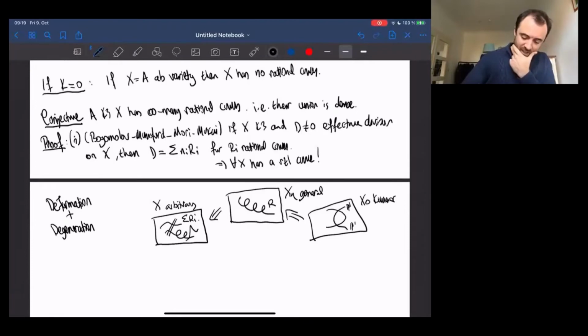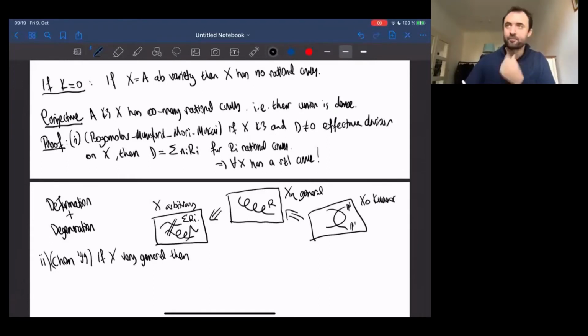Okay, so the next case that was important came in the late 90s, and it was a theorem of Chen, roughly in 99, that says that if X is very general, then X has not just infinitely many rational curves, but infinitely many nodal rational curves.